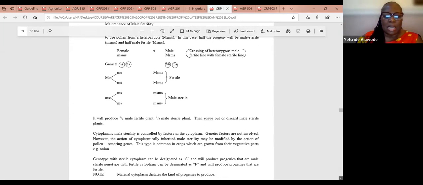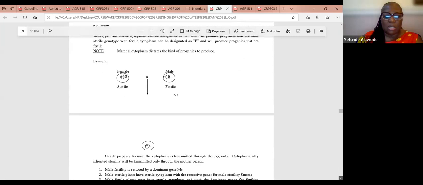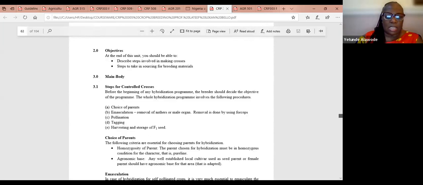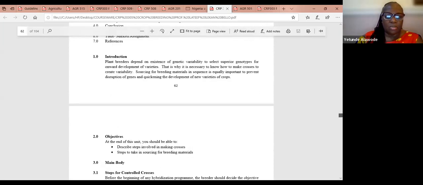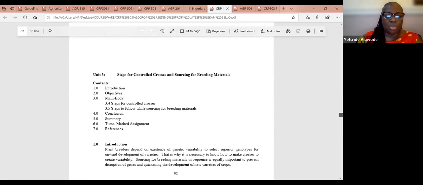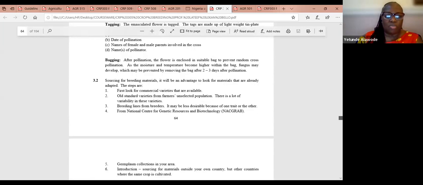And then, we have covered a lot already. I think the next thing here is breeding programs. Steps for controlled crosses and sources of breeding programs.